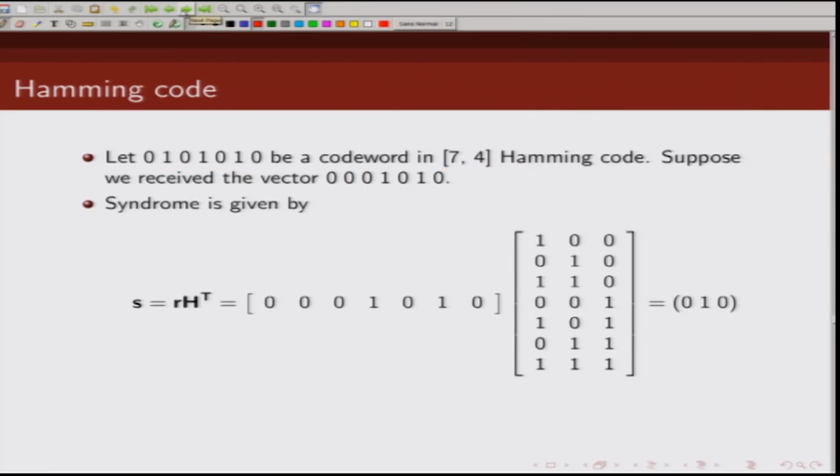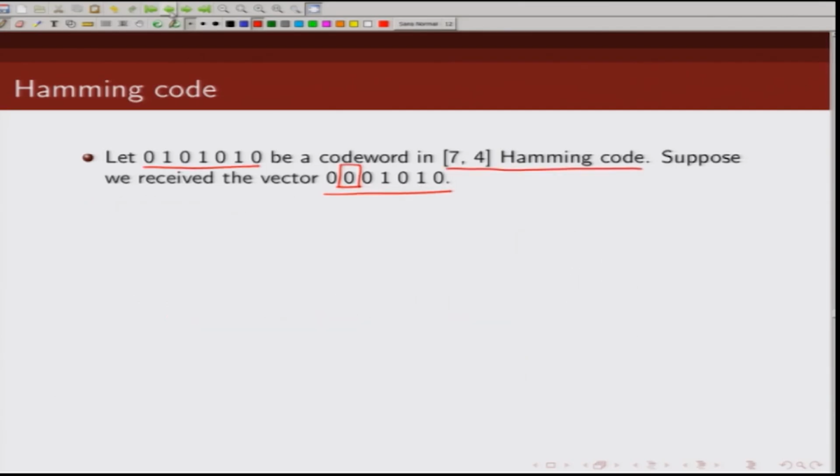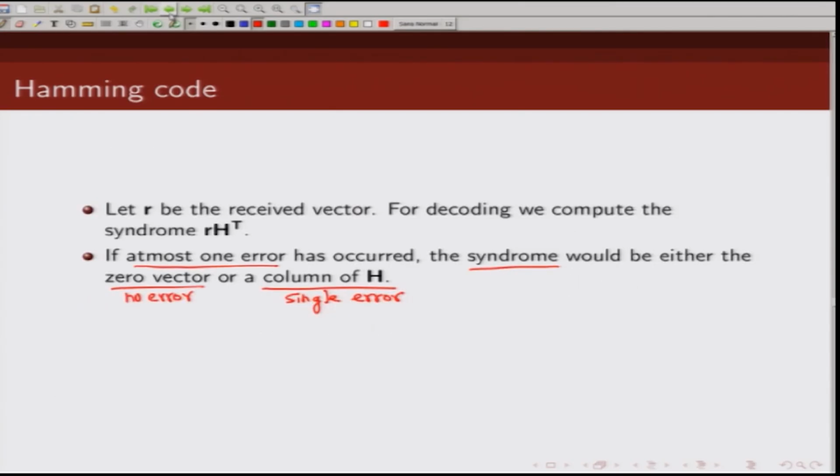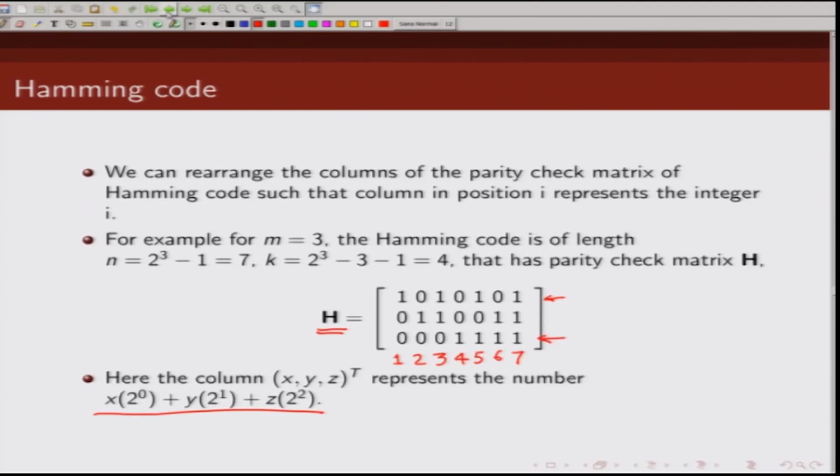So, as I said, the first thing that I am going to do is compute the syndrome. So, what is my R? This is my R. And what is my H? The H matrix is basically the parity check matrix of the Hamming code, where the columns are arranged in such a way that the column in the ith position represents the ith integer.